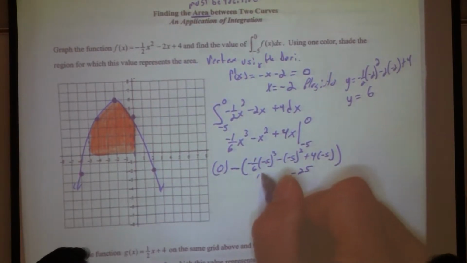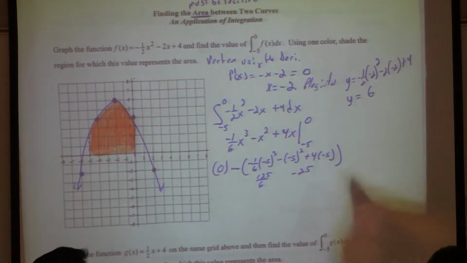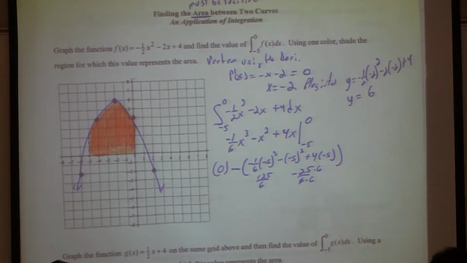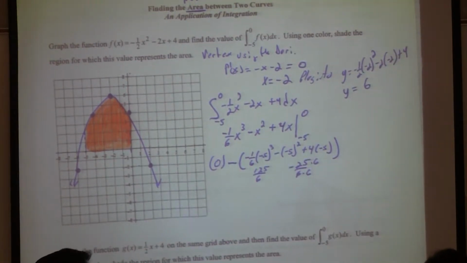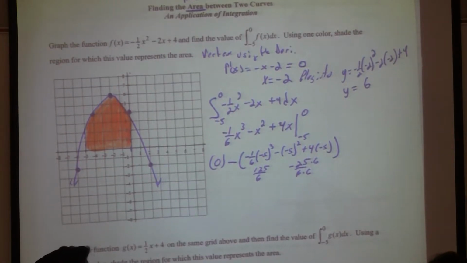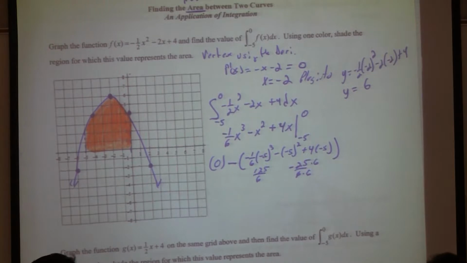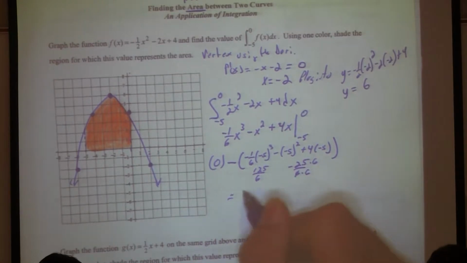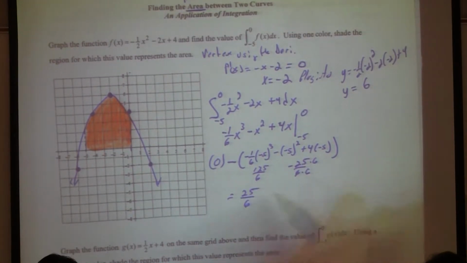That becomes positive 125 over 6. If I have 6 quarters, how much do I have? That would give you 150. So 125 take away 150 is -25 over 6, but there's another negative out here, so it actually becomes positive 25 over 6.